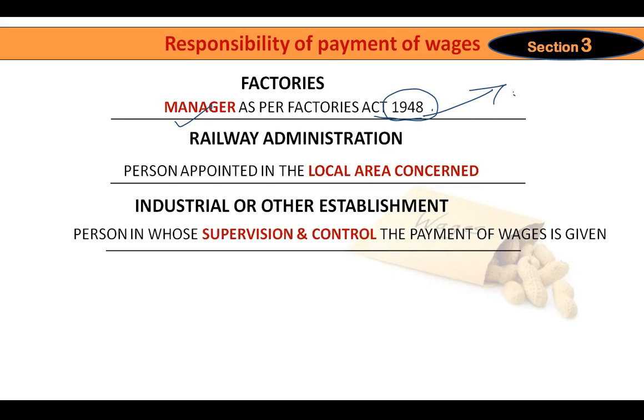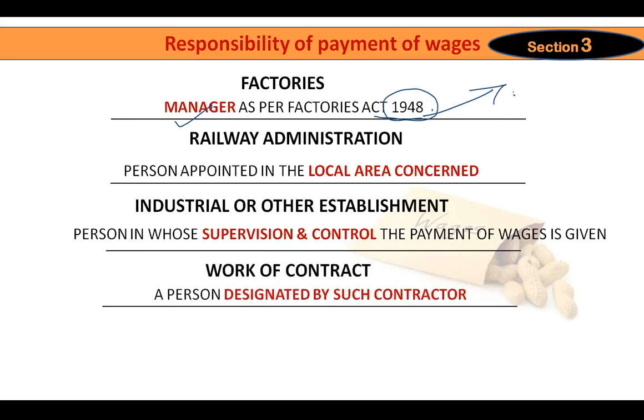Industrial or other establishment. In an industrial or other establishment, which we have seen a list of earlier, the person under whose supervision and control the payment of wages is given is responsible. So any employer can give the supervision and control to any person, and that person will be a responsible person according to Section 3 here. And in case of a work of contract, a person designated by such contractor.